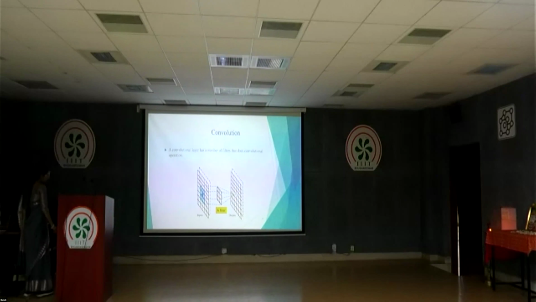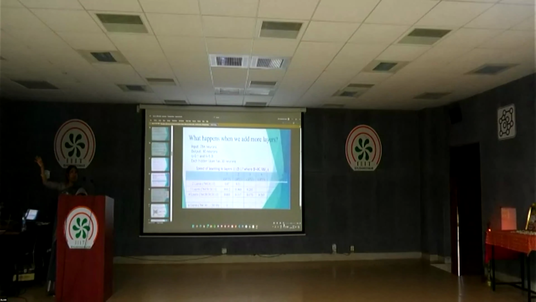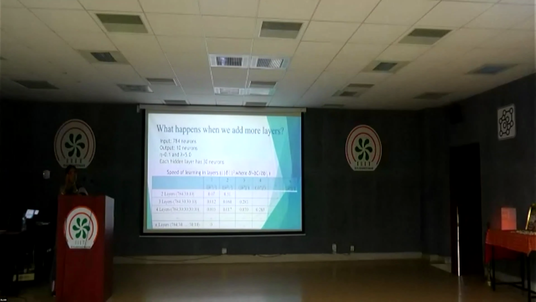So basically what is happening is that if we keep on adding more and more layers, the layers closer to the outputs have their weight values changing, but the layers closer to the input do not change their weight values. So the overall weights will not change, and even if we expect that adding more layers will increase accuracy, it will not increase. That is an issue. This issue is called the vanishing gradient problem.